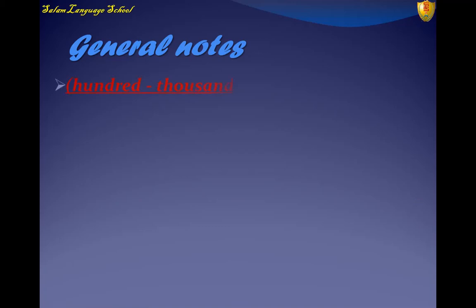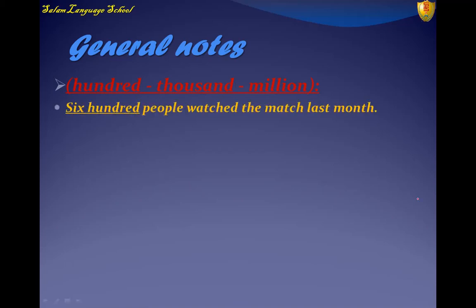The first one here, we have three words: 100, 1,000, and million. These words, if they are preceded by a number, don't use a plural form, just a singular form. Like this example here. 600, not 600s. 600 people watched the match last month.